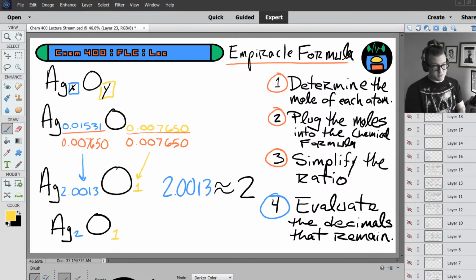When you divide by the smaller of your two numbers in your ratio, the smaller one will always be 1, but the other one isn't ever going to be 2 on the nose, all right? It'll be like it was here, 2.0013, or maybe it'll be 1.99846, right? If it's close like that to an integer value, you can round it, and it'll come out to be 2, all right?